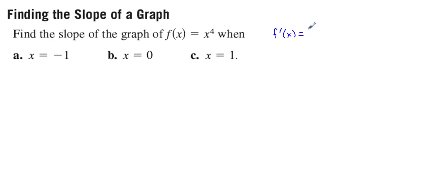And that would be, all right, so that is the slope of the tangent line for all x values, right? Well, let's just plug in 3 of them. All right, we're going to be specific and write down what we're doing. We're finding the derivative, which means the slope of the tangent line when x equals negative 1. And negative 1 to the 3rd power is negative 1 times 4, negative 4.